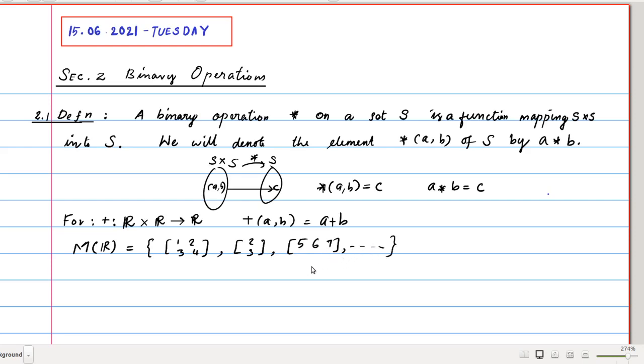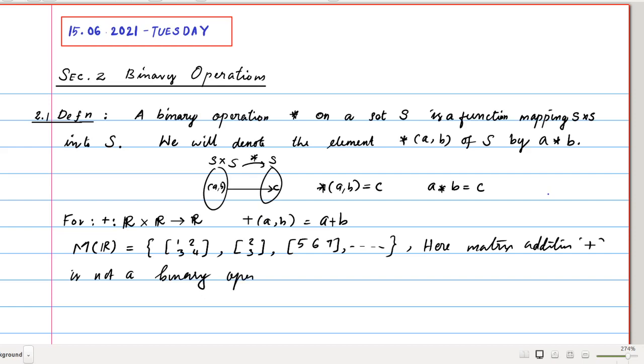If we consider plus in this set, that is the usual matrix addition, this is not a binary operation.